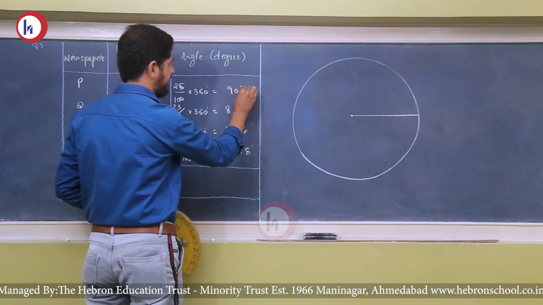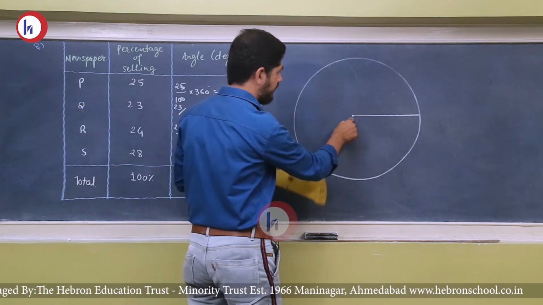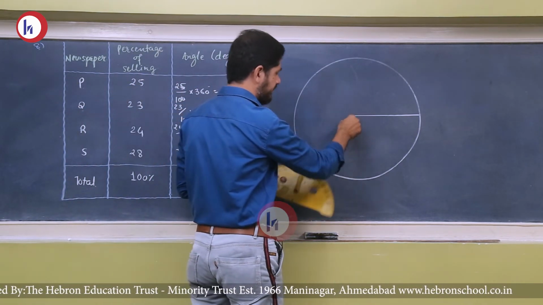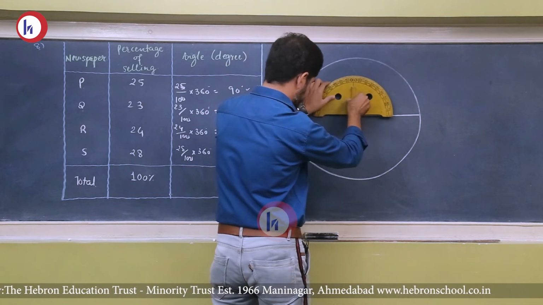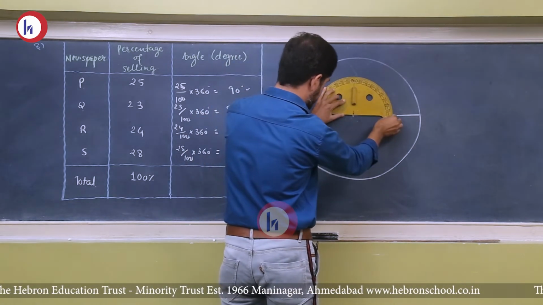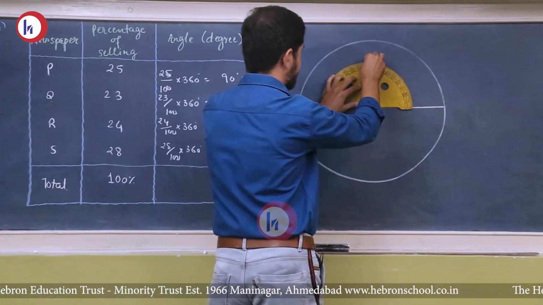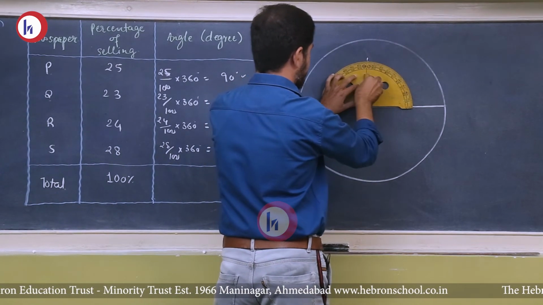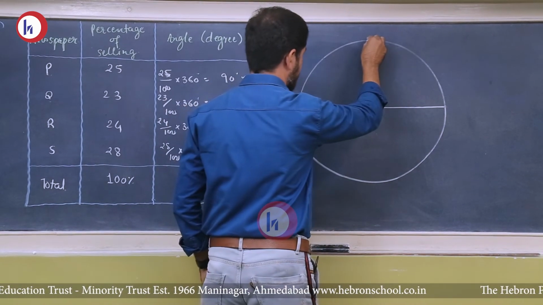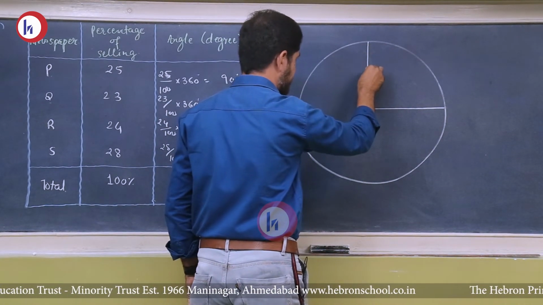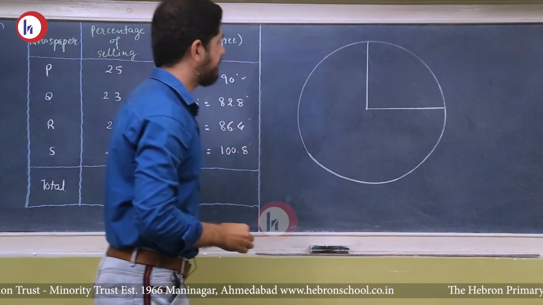The first one is 90 degree. So the arrow which we will put on the center of a circle, and this line is on the radius. So like this. This is a 90 degree. Now draw a straight line from that point to the center of a circle. It is 90 degree.